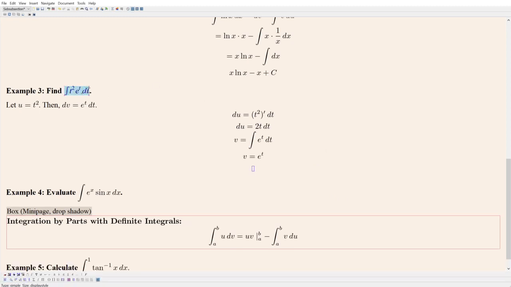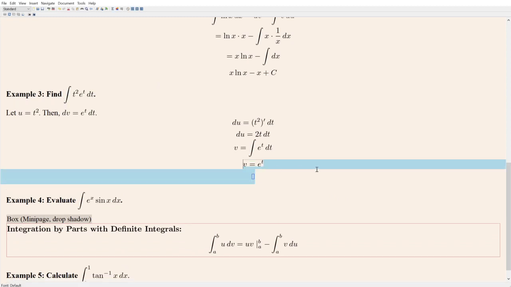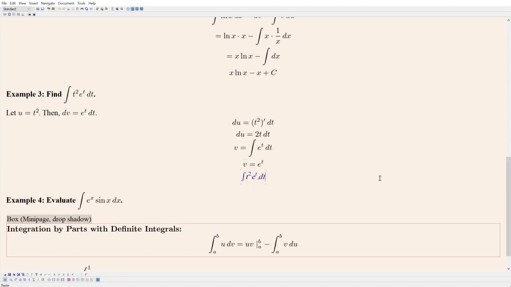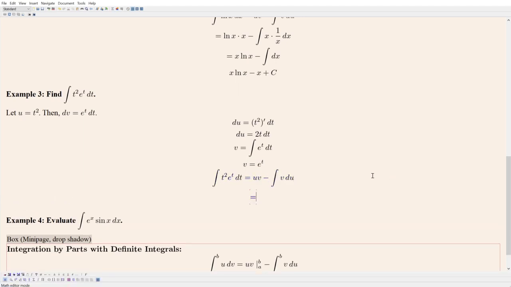So now all we need to do is fill out the ingredients. So u is t squared.